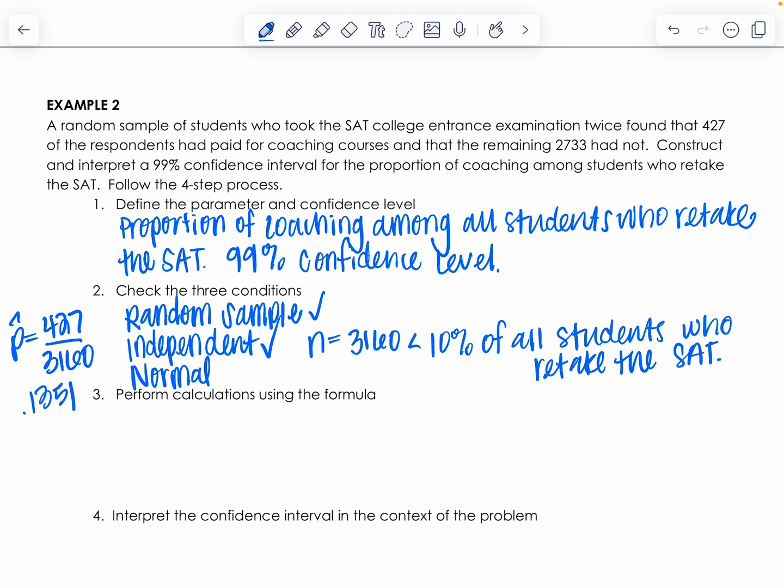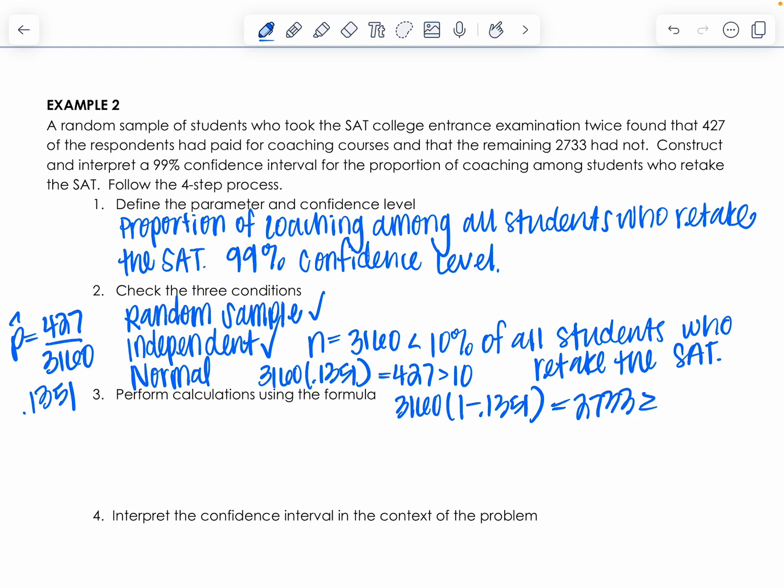So we're going to do n, so 3,160 times 0.1351, which is 427, definitely greater than 10. And then n, 3,160 times 1 minus 0.1351, you maybe already are saying it's definitely going to work, is the other group, so 2733, definitely greater than or equal to 10. So it is normal.